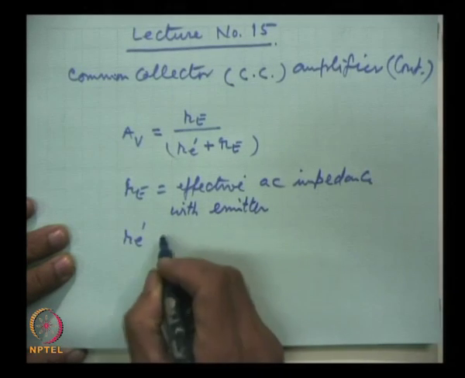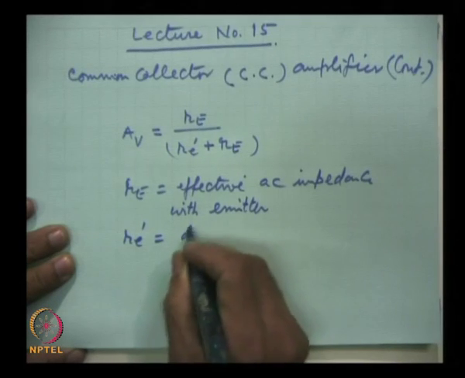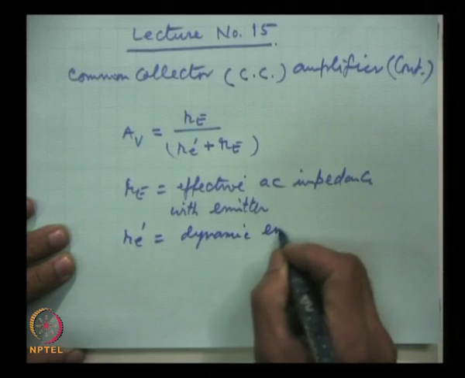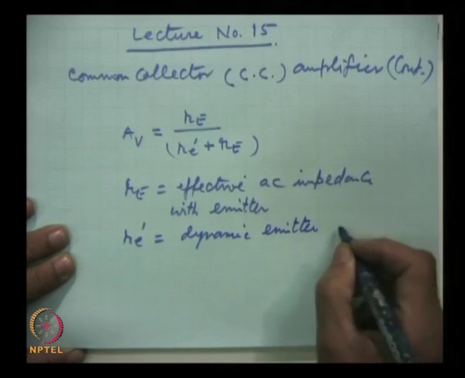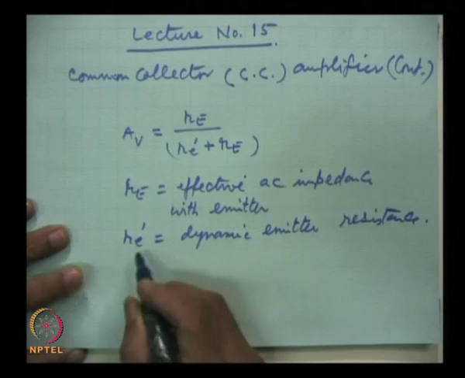r_e' is the dynamic emitter resistance, and this we can calculate.